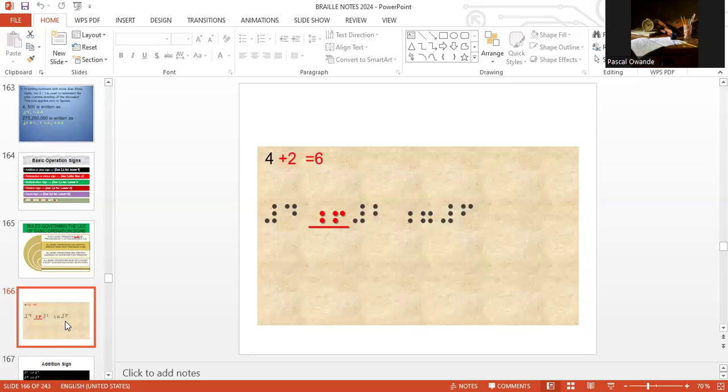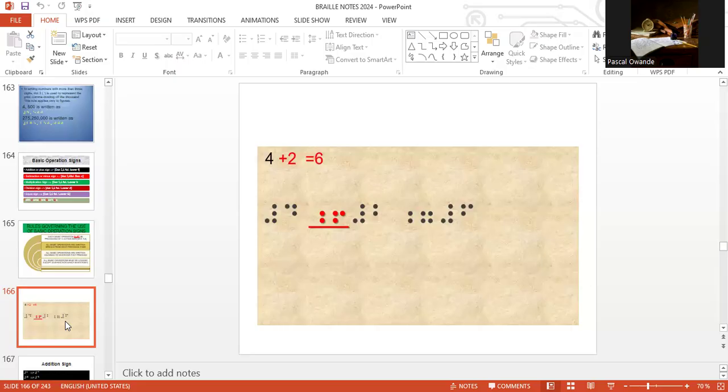So we are going to put one space, and then we'll have dots 5-6 lower g for the equal sign. And then we are not going to space because 6 is coming after the equal sign. We are going to write the 6 adjoint to the equal sign such that it is going to be dots 5-6 lower g, the numeral sign, f for 6.